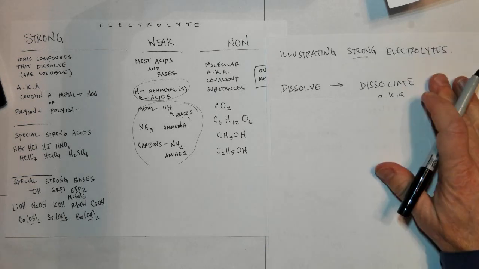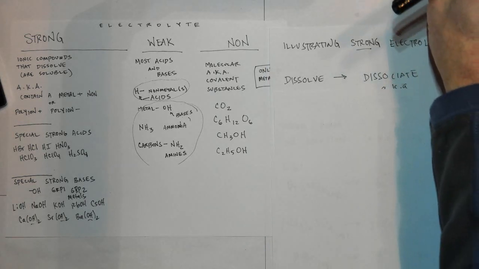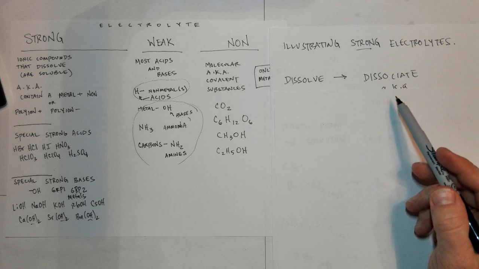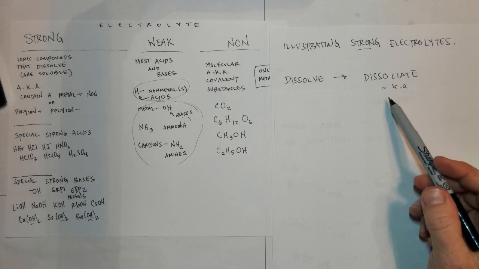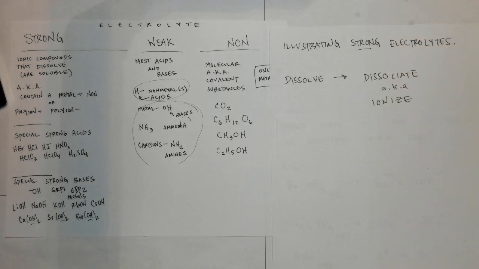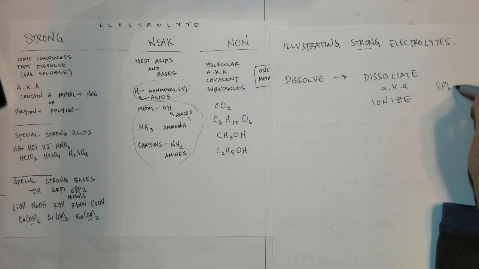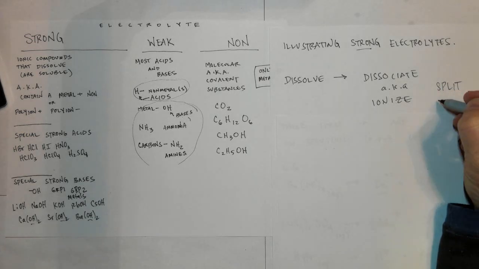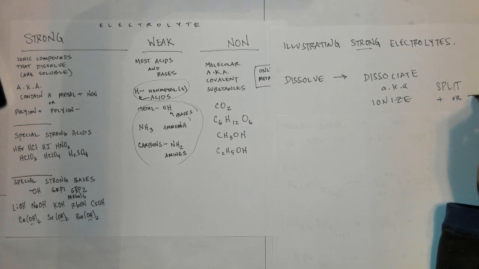Well, when strong electrolytes dissolve, they dissociate. They dissociate meaning they ionize, or they split up, or they break apart into their positive or negative pieces.